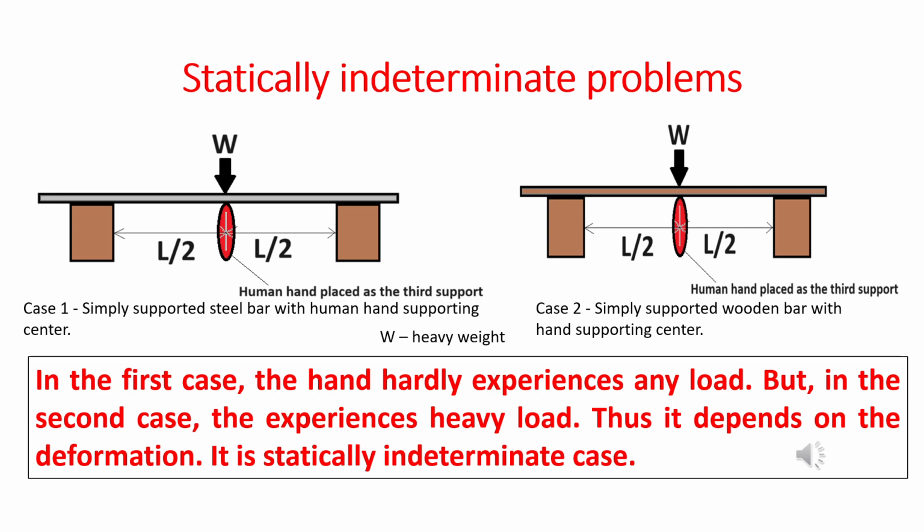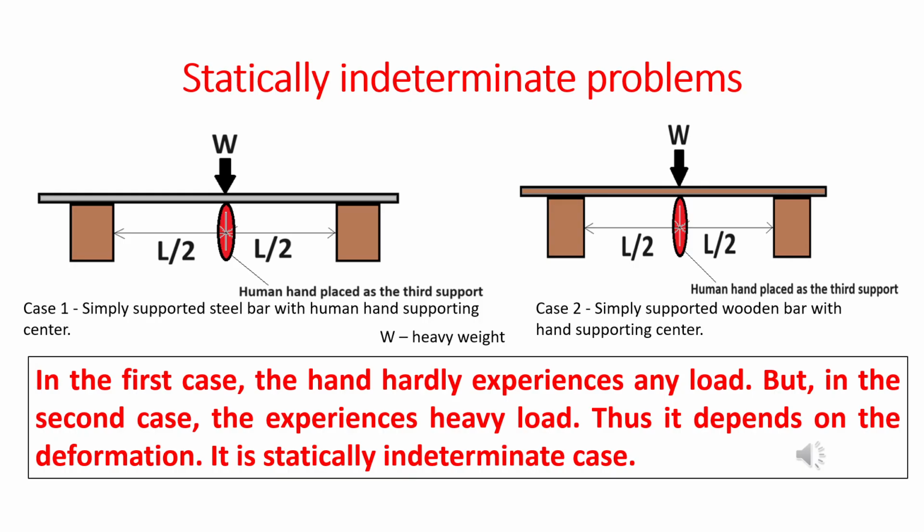They are supporting this like this. On the right hand side you have Case 2, where you have two simple supports, and on top of that you have kept a wooden ruler, a wooden bar, and below that you are supporting with your hand.